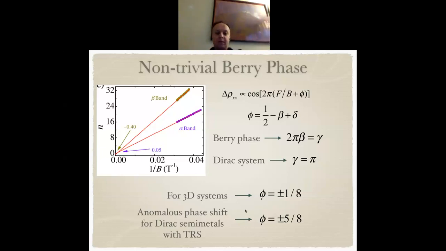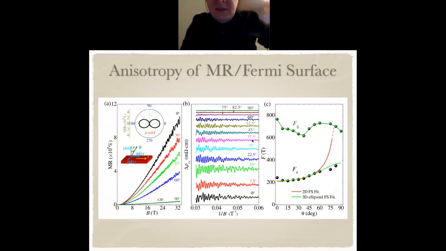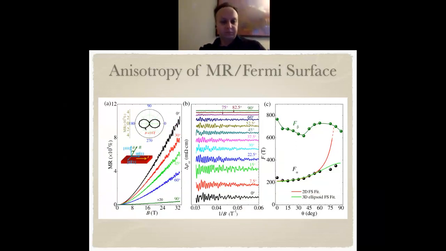Let's see. So the anisotropy of the magnetoresistance, I'll quickly go over. Up here we have magnetoresistance percentage versus field in Tesla. And here they are sweeping the angle and taking these measurements.